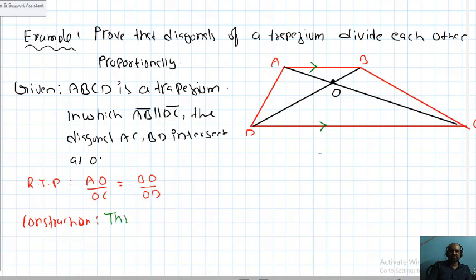Through O, draw a line L which is parallel to AB.